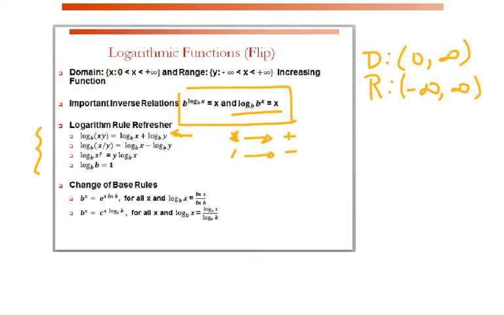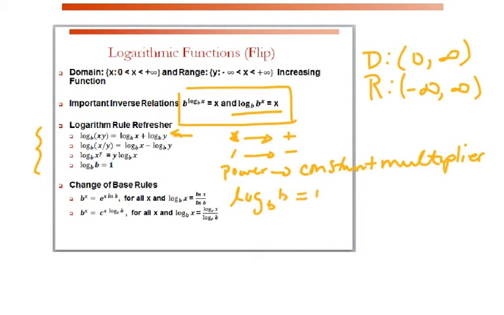And again, a power is going to reduce down to a constant multiplier. And just another property: log base b of b is equal to 1, because what is the question that you're going to ask yourself? What do you need to raise b to get b? And the answer is 1.